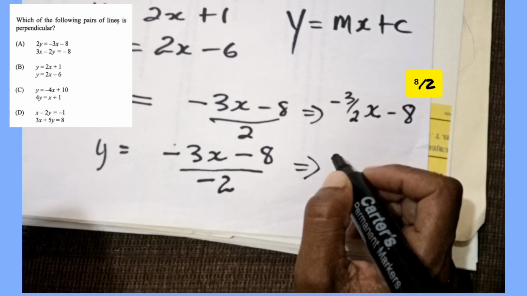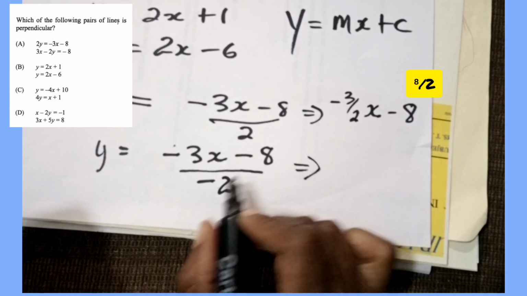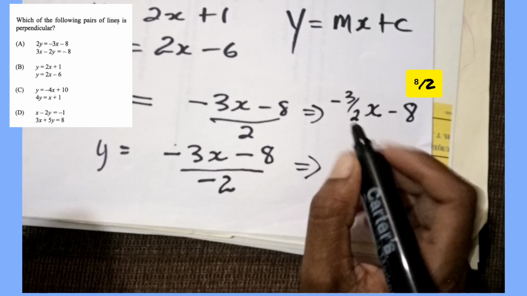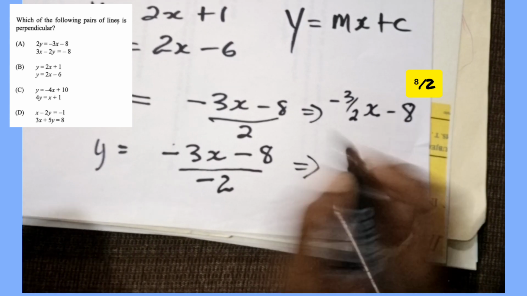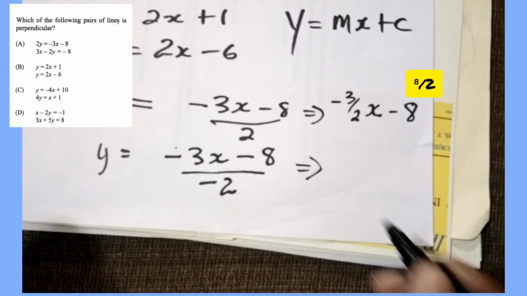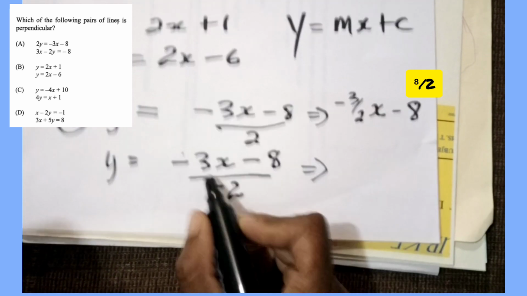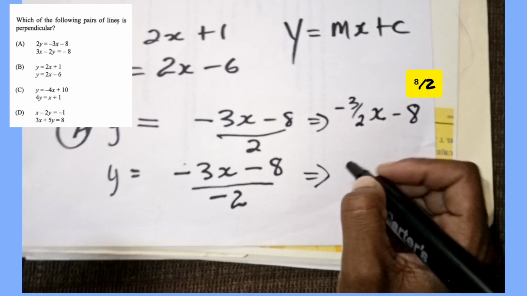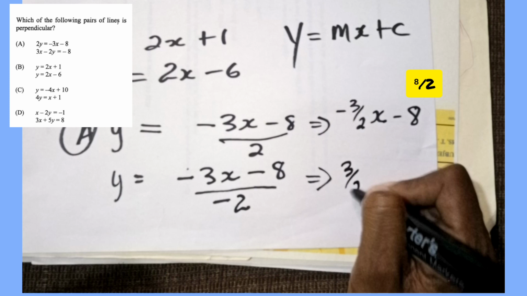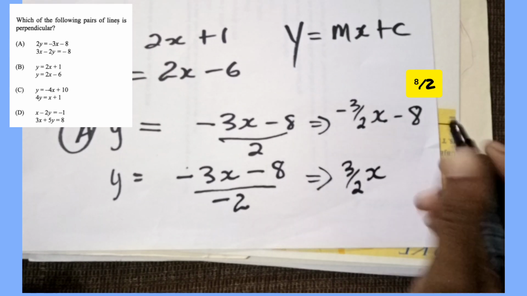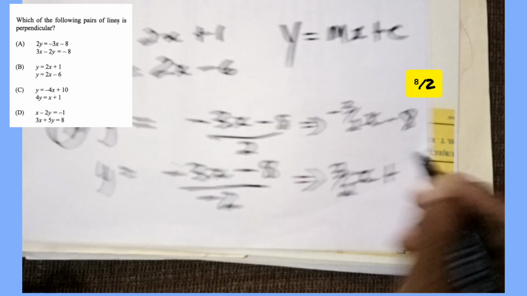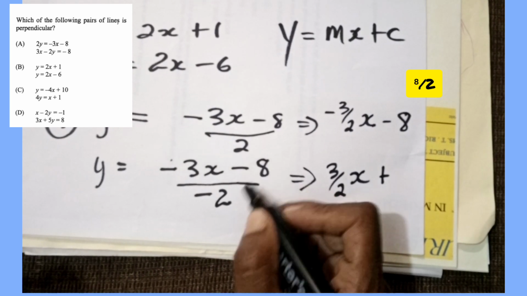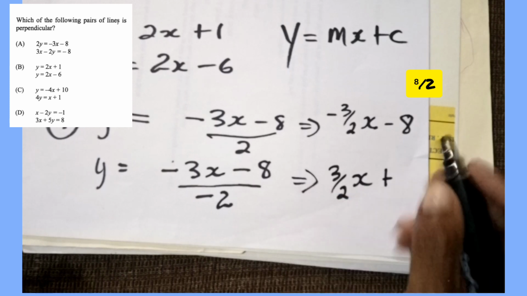Alright, sorry I skipped a few steps there, but I hope you are clear on that one. So we get negative 2 into negative 3 gives us a positive 3/2, because negative into negative. So positive 3/2 x, and the negative 2 into negative 8 gives us a positive 4. See that?